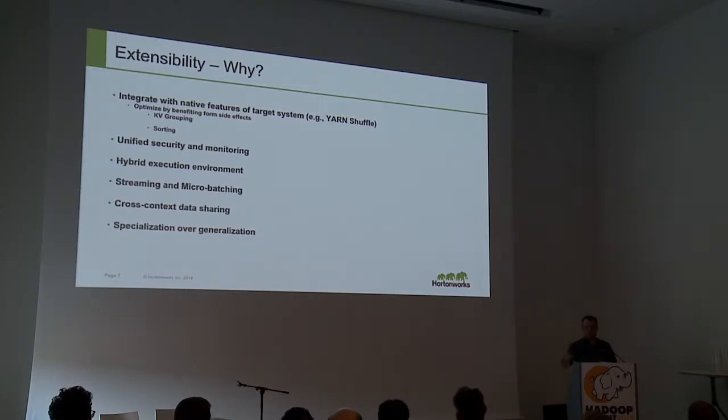So if in Spark you say group by, you can delegate this operation to be sort of a no-op, because the data has already been grouped for you, right? So you don't have to do that. In Yarn, the data that comes out of the shuffle comes sorted by key. And if that satisfies you, why shouldn't you just benefit from that, right?